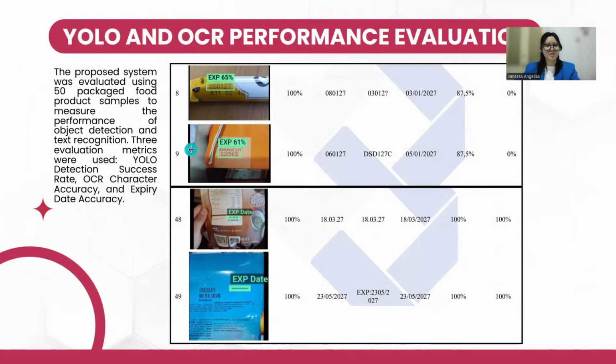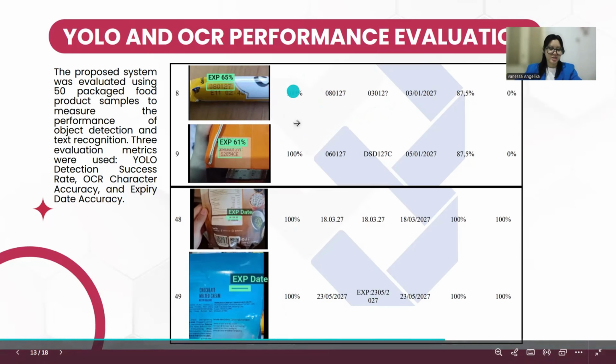Next, this slide presents several examples of the application performance during testing. For example, the application first detects the expiry date region using YOLO version 11 nano, followed by text recognition using Google ML Kit. This slide means the YOLO detected 100% in the right location, the right region of the expiry date.